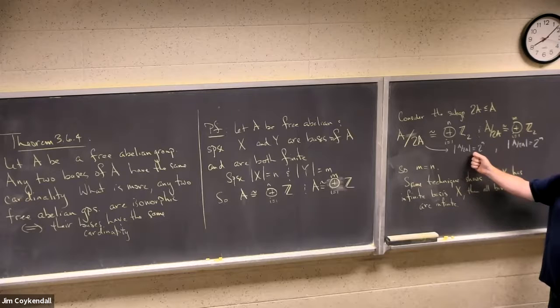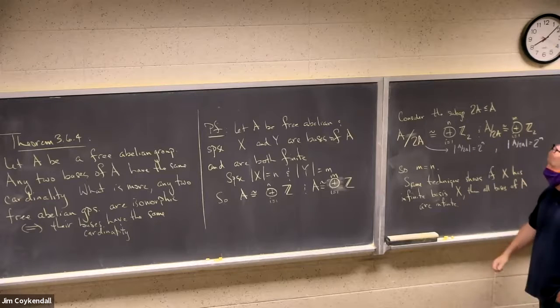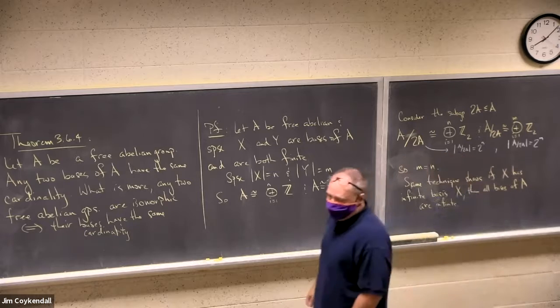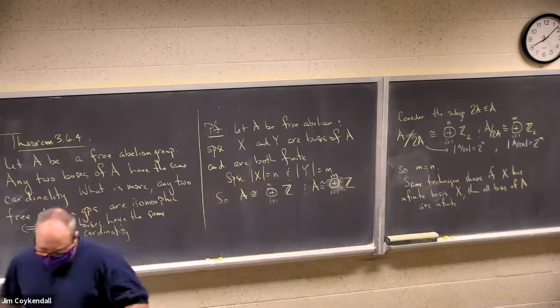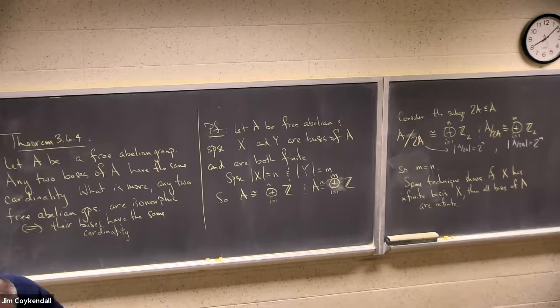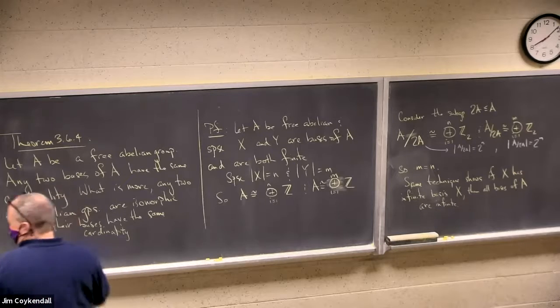And now you've got 2 to the n power is infinite. That's impossible. So the only thing really left is what happens in the case of an infinite basis.